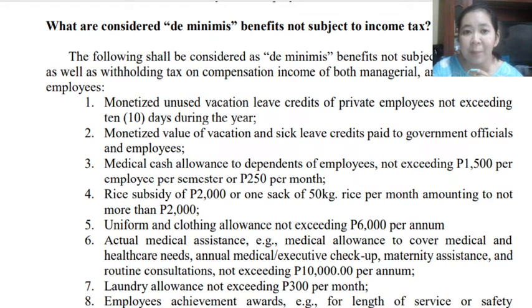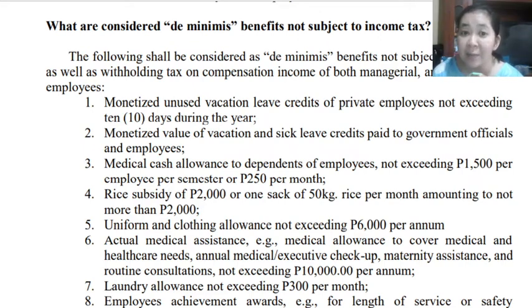Number 1, monetized unused vacation leave. It should not exceed 10 days, meaning there is vacation leave provided to the employees, but they did not avail it, so they can convert it into cash. Okay, so this is non-taxable, provided it should not exceed 10 days during the year.